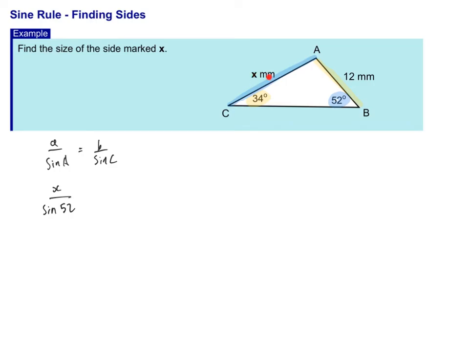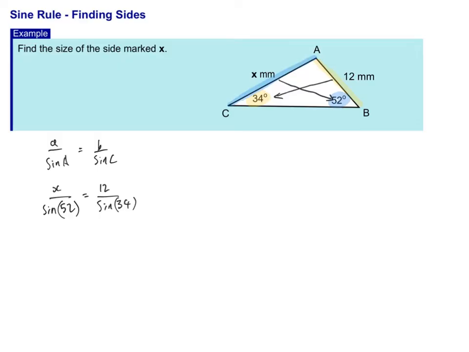So I've got this side I'm trying to find and this angle that corresponds to it, on the opposite side of the triangle. And that is going to be equal to 12 over the sine of 34. Again, the 12 corresponds to that angle there.